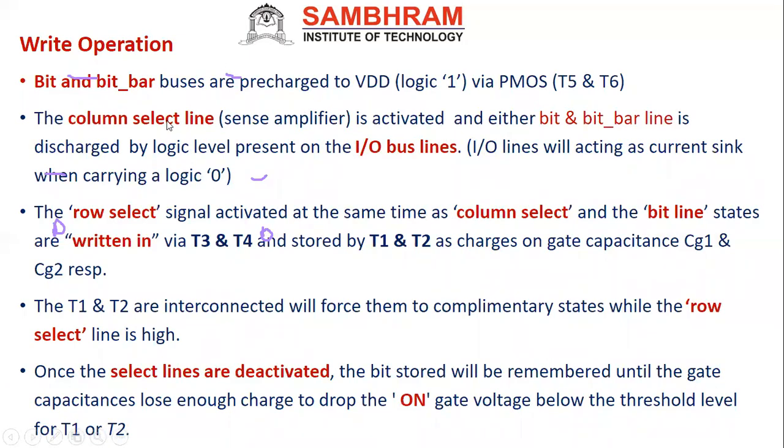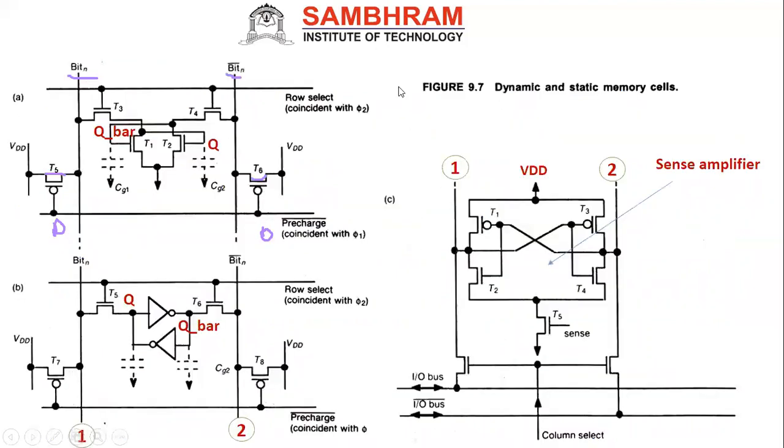You have to think, your column select is activated, means the column select is equal to 1, selected. If this is 1, then this transistor will be on, then this transistor will be on. If both are on, automatically your sense amplifier will get activated.